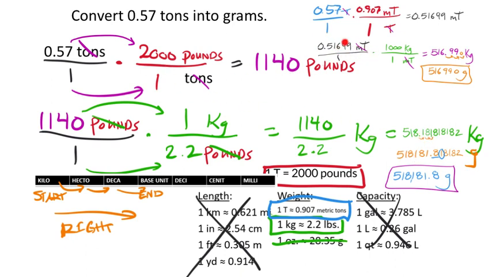Again, I wouldn't be looking to use this metric ton to kilogram thing because it's not a conversion factor that we have, and it's not one that I'm familiar with. So you have to decide if that's something you want to use, but again, you'd have to memorize that. But yeah, technically, just using the conversion factors that we have, you'd have to do this 3 times.